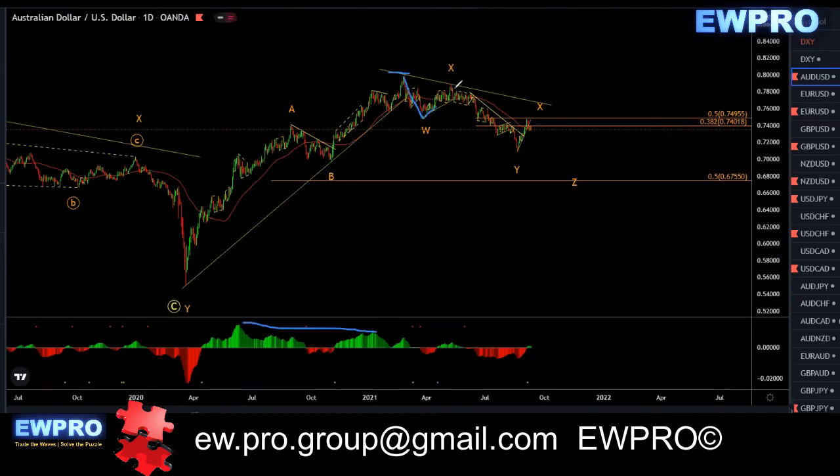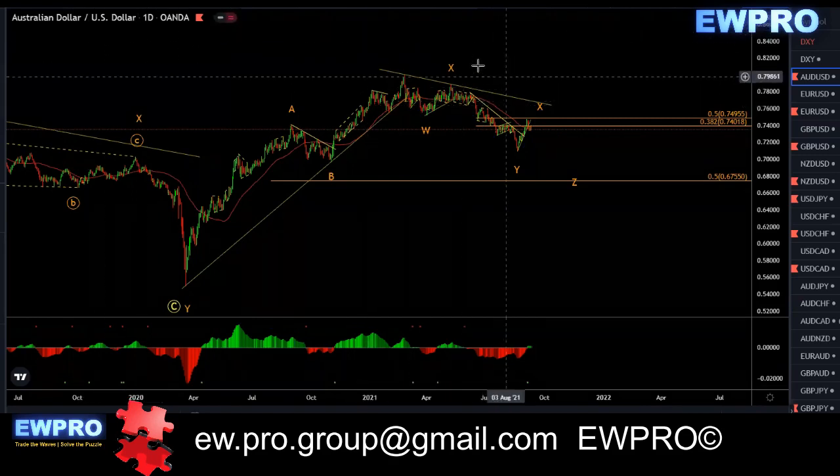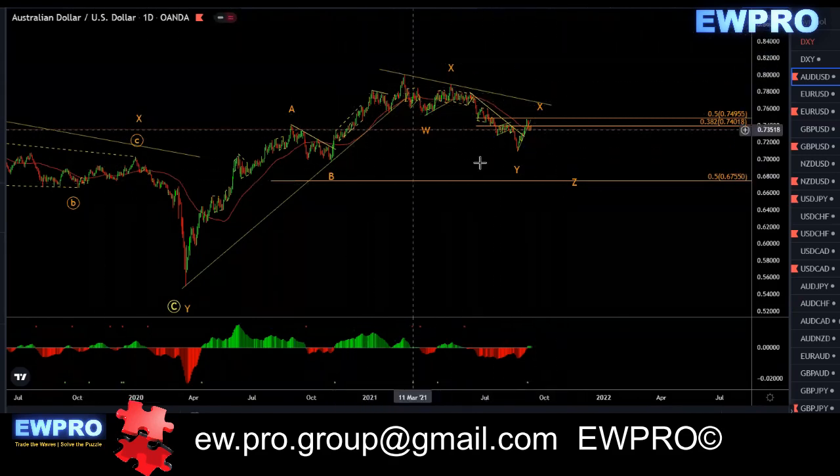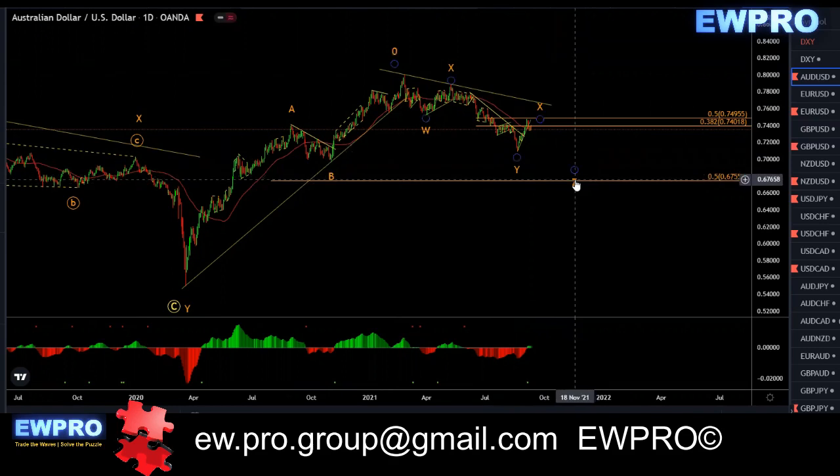Then we're looking at WXY, wave Y bounce clean off that 161.8. And then we're looking for possible bear hidden in here to give us a Z down. But either way, this is all looking corrective for more upside eventually. We may get the Z down and we may not.